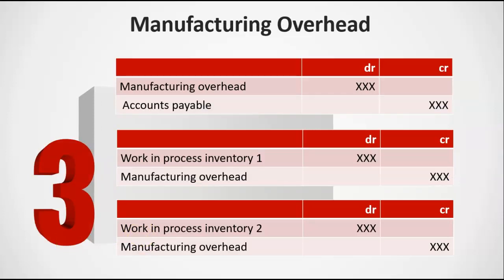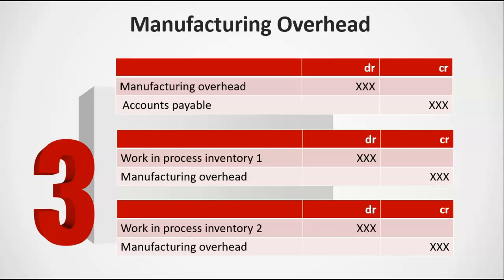As we know, the recording of manufacturing overhead is a little bit more complicated because we need to record both the actual manufacturing overhead amount as well as the applied manufacturing overhead amount. For actual manufacturing overhead amount, what we do is we debit manufacturing overhead account and credit accounts payable.